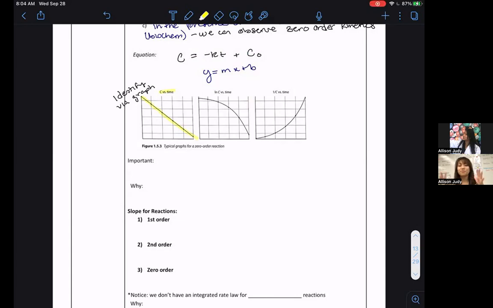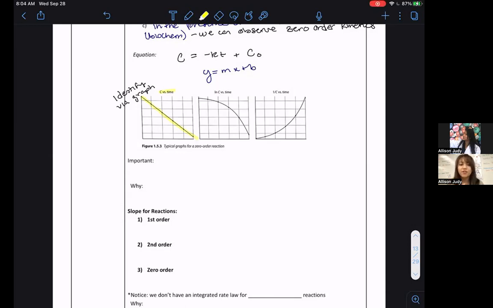So I just ask that you guys, one, know the value of doing integrated rate laws. Why is it valuable? Because now we can go concentration versus time. Two, be able to identify and plug and chug with first order, second order, and zero order integrated rate laws.